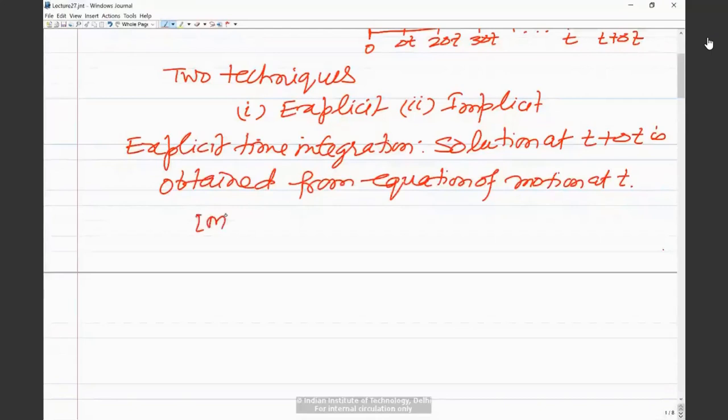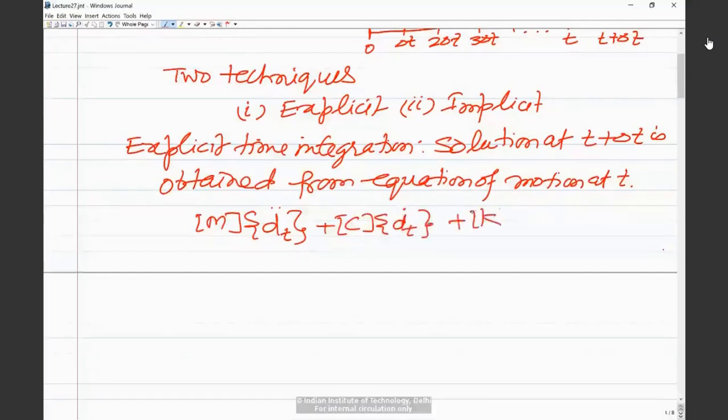What we are writing is m into d double dot at time t, because we are considering the equation of motion at time t to find the solution at t plus delta t. So m into d double dot at t plus c into d dot at t plus k into d at t is equal to f at t.